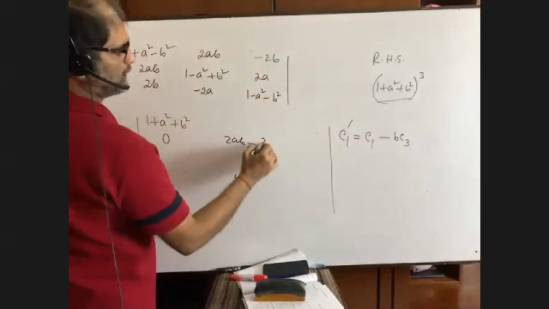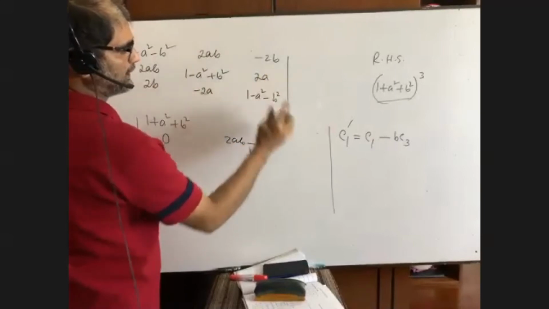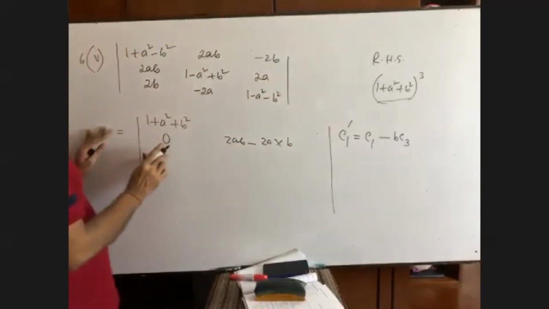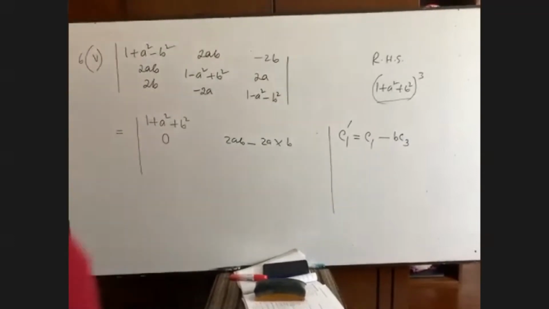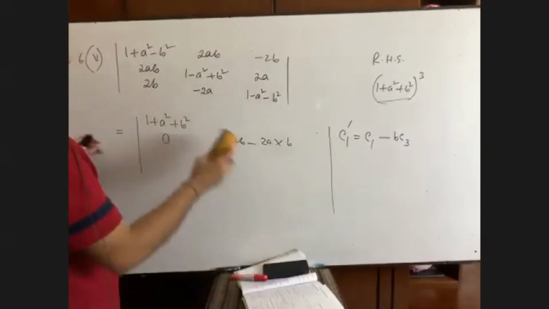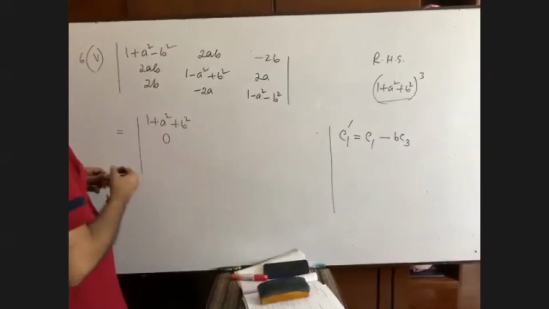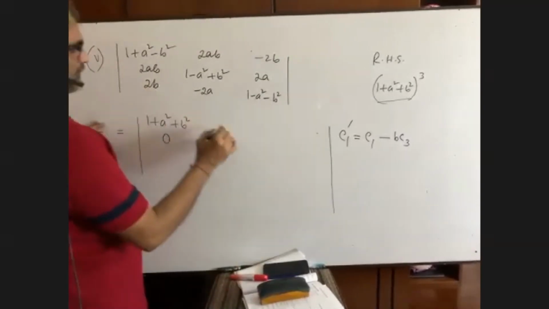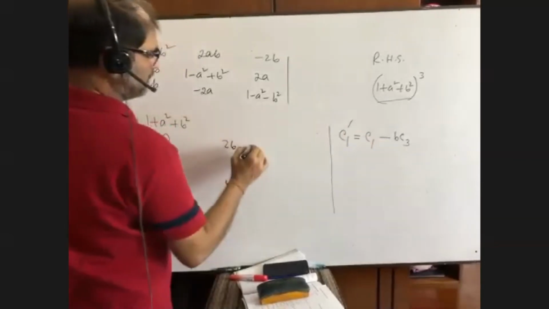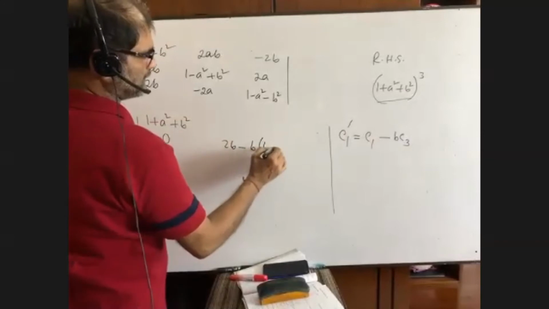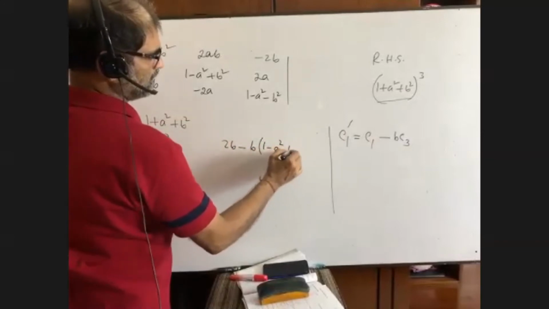That is 2a into column 3 into b. So we are getting 0, is it? Now you see, this is column 1, that is 2b, minus b column 3, minus b into column 3. Am I right?